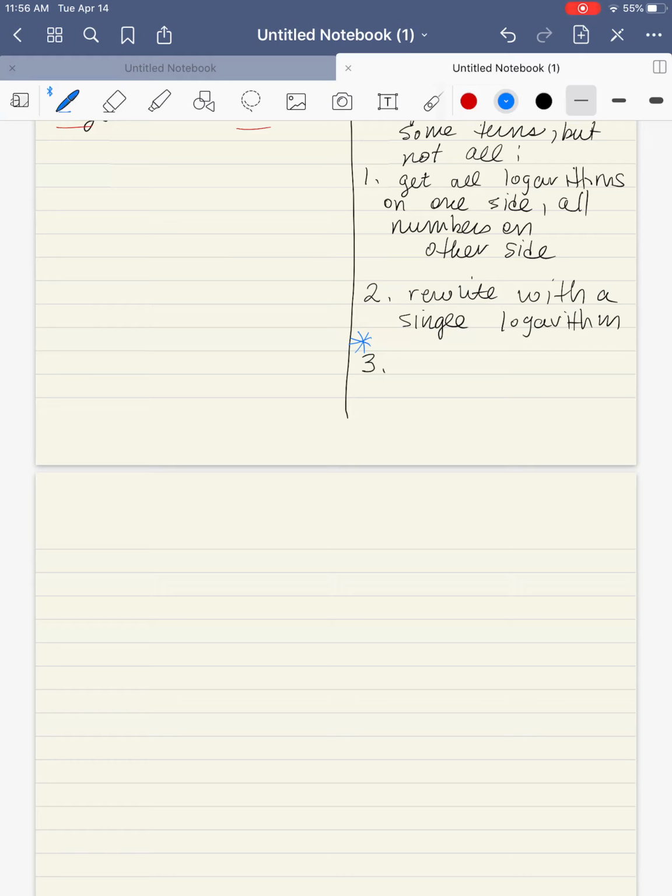And we have to remember that if I have a logarithmic equation, logarithm base a of b is equal to c, that is exactly the same thing as the exponential statement of our base a to the c power is equal to b. So on this step, we are going to rewrite as an exponential equation.